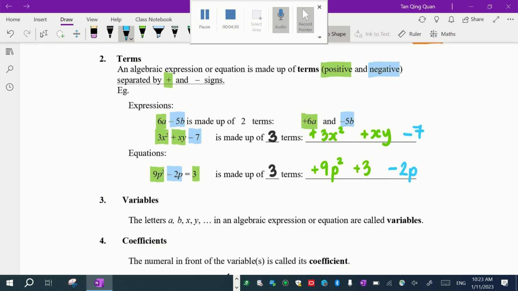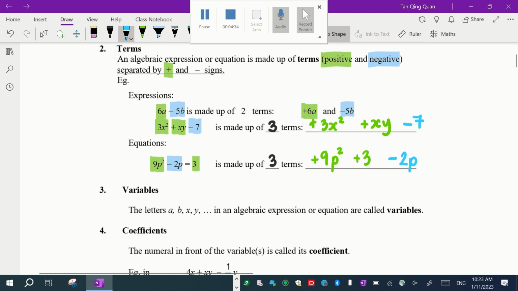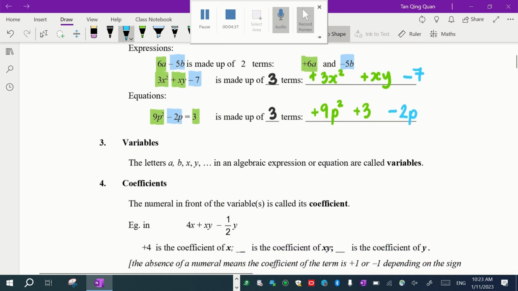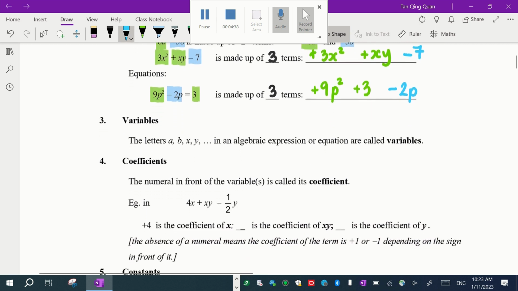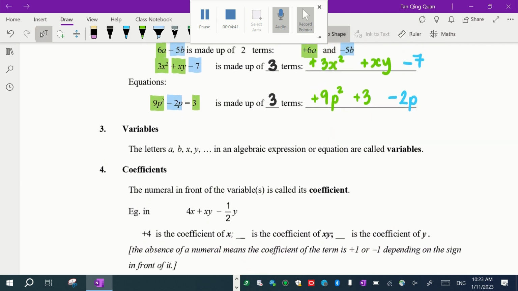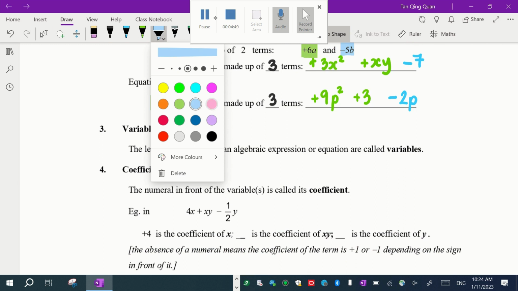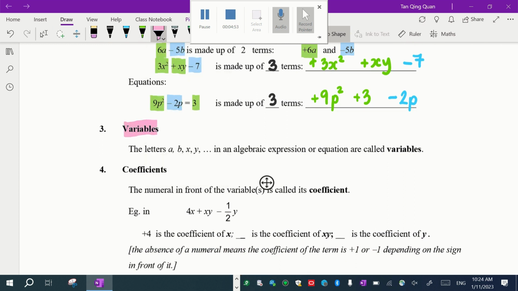Okay? The next thing to take note of is, in any algebraic question, this is what we call a variable. So variables are all the letters. Okay? So please remember that all the variables, we see them as letters.